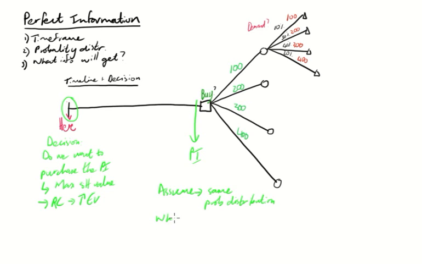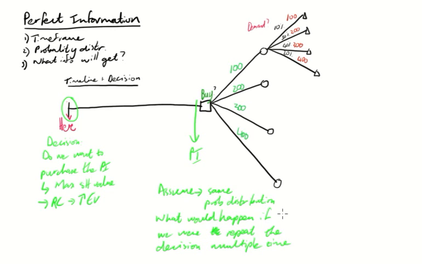what would happen if we were to repeat the decision multiple times. So, and this is the case in our scenario. We are buying boxes on a daily basis, and we need to make this decision on a daily basis.